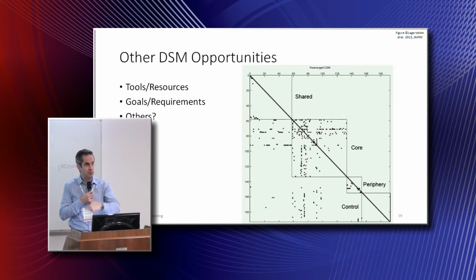Maybe we could use numbers to show strengths or degrees of these relationships. So there have been one or two of these out there in the literature, but very few compared to product, process, and organization. And then what other types of domains or systems might we apply DSMs to?